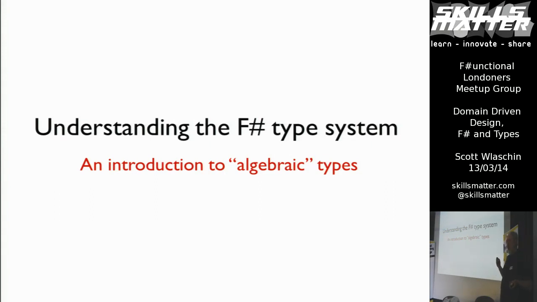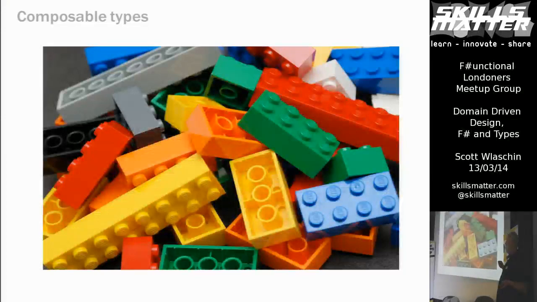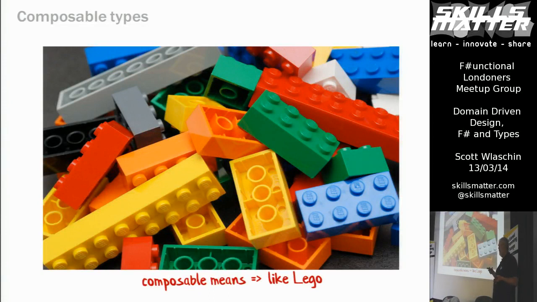Algebraic is another mathy word, so I'm going to call them composable types instead, because that represents how useful they are. What I mean by composable is it's like Lego. Just like you can glue Lego together to make a bigger piece of Lego, you can glue types together to make bigger types.